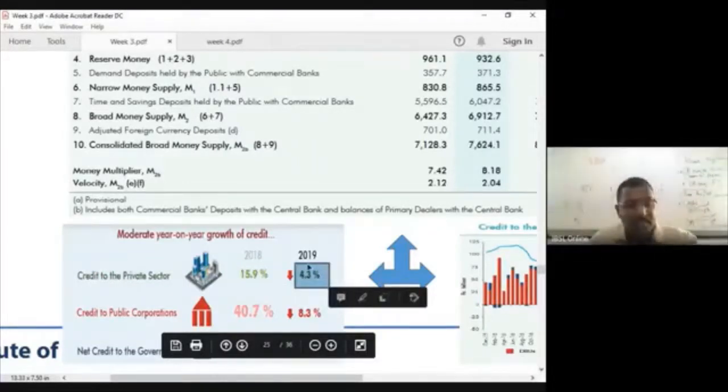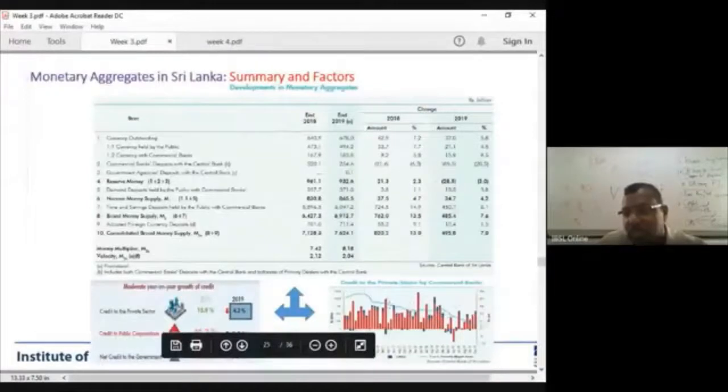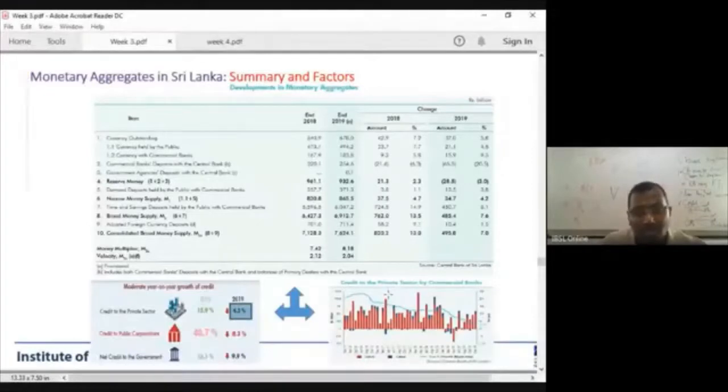So credit growth in the economy is right now low. Even from this chart, you will see credit is basically having a downward trend. That's why the central bank is trying to give a boost to credit right now by lowering rates, by lowering the reserve ratio, by giving various credit schemes. Okay.